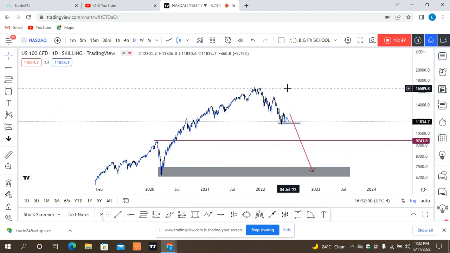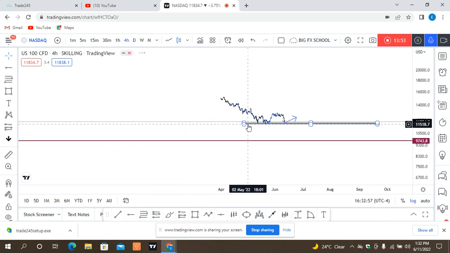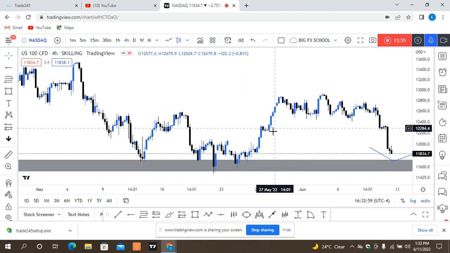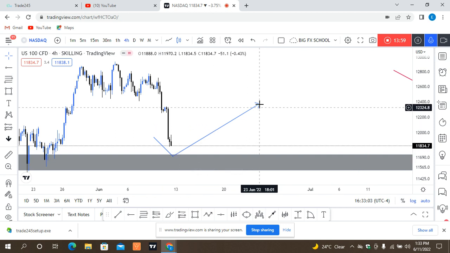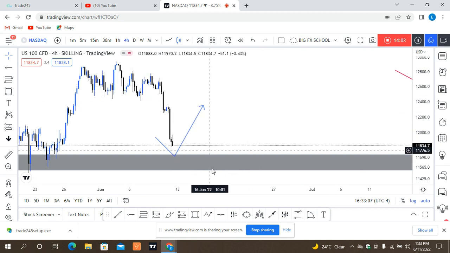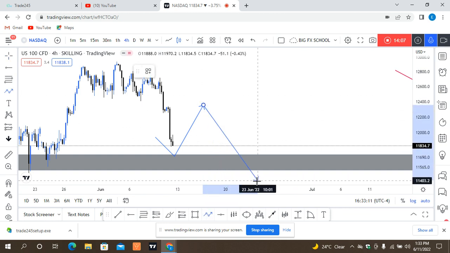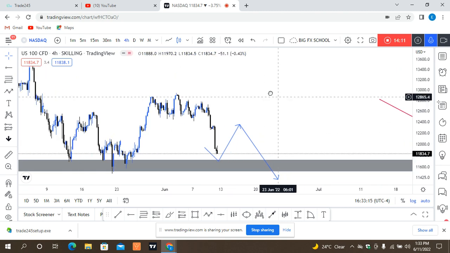So what to do for Nasdaq? For Nasdaq, we need to wait for the market to reach this level before buying to this side, and then you will take a good short in order to take this low here. Okay. So we buy and we sell.